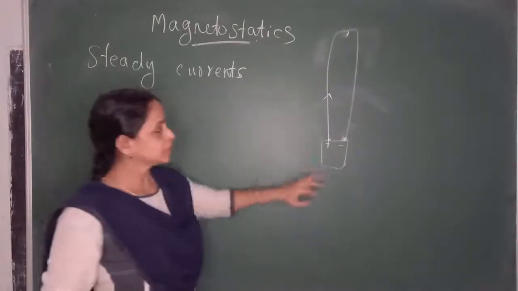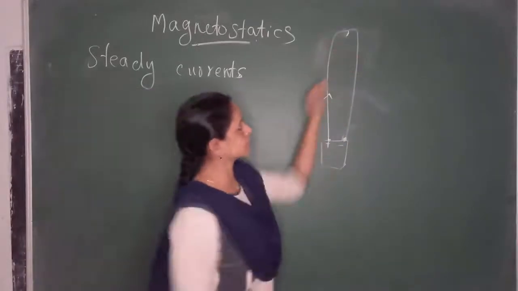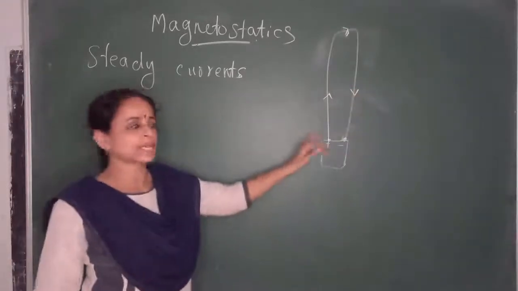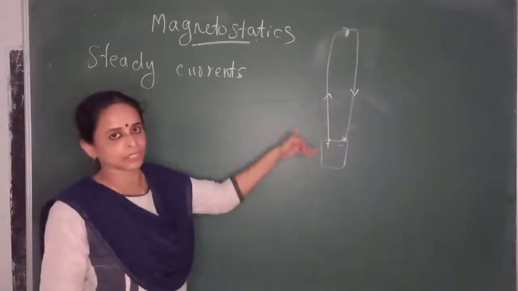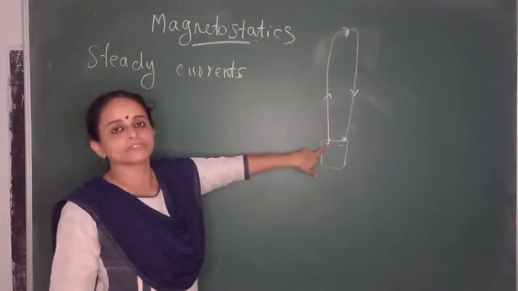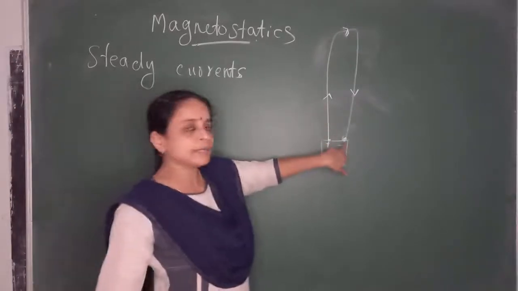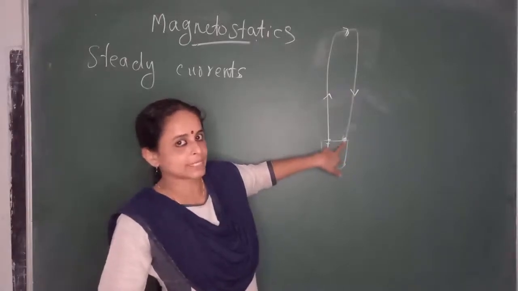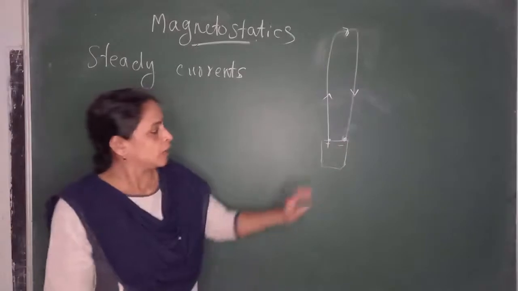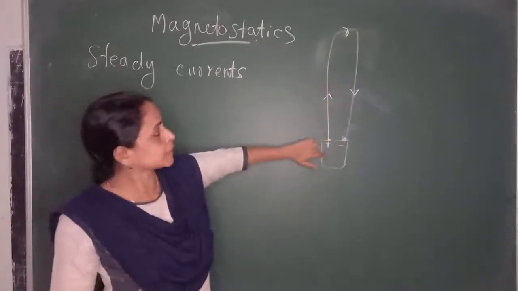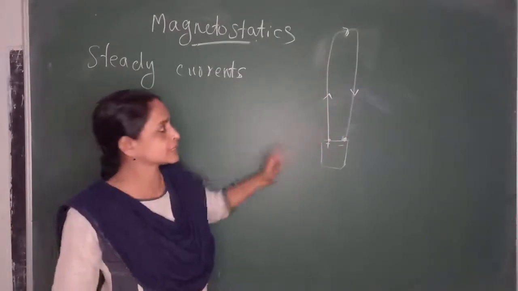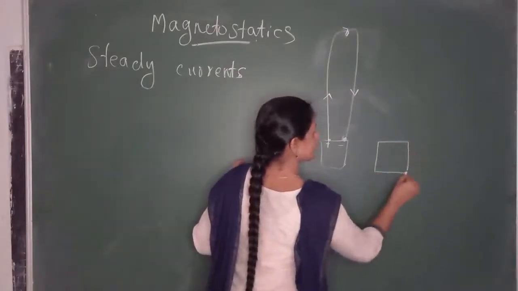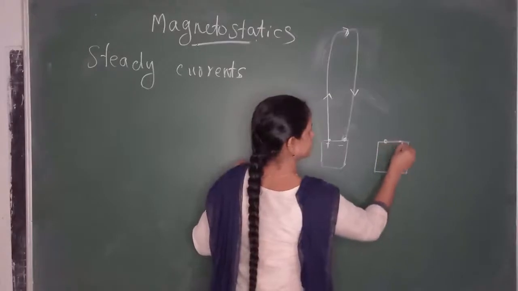So the current is flowing in this direction, from the positive to the negative. Usually the direction of the current is the direction of flow of the positive charges, or the opposite direction of the electrons or negative charges. If we pass the current through this wire, we can see that the wires move apart.